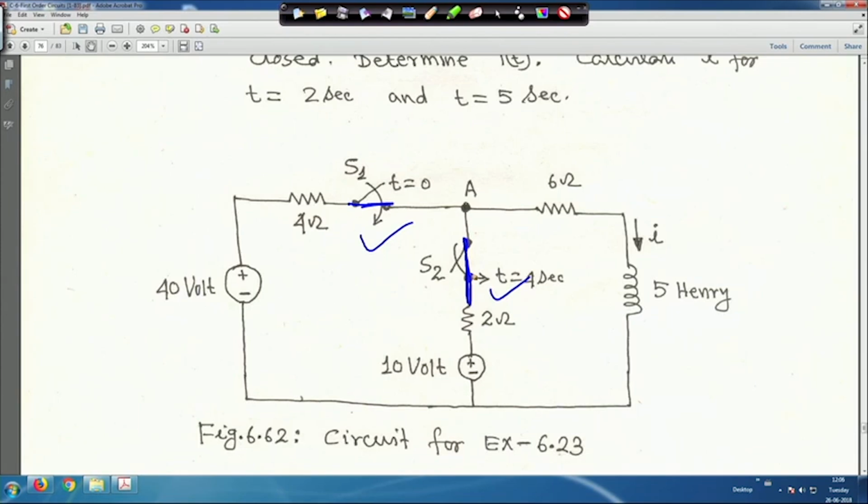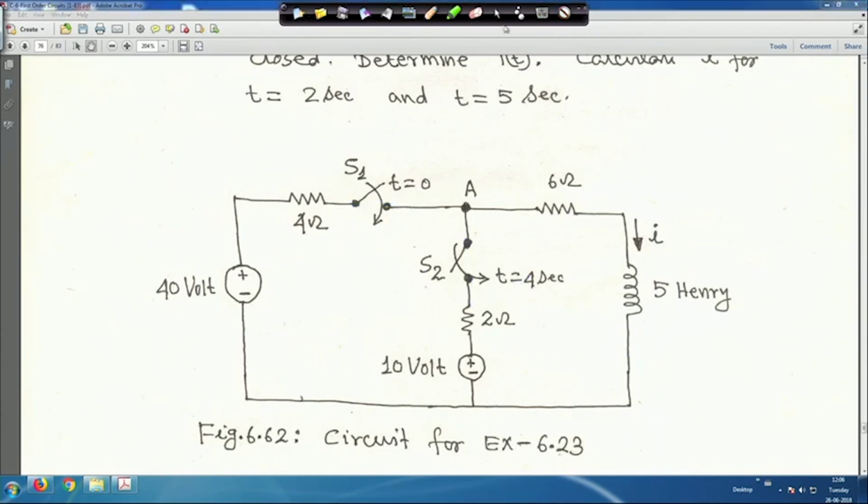In that case again you have to find out I infinity and the initial value at t is equal to t 0 is equal to 4 second. You have to find out what is the initial condition and in steady state what is the final condition, and then you have to find out the expression for t greater than or equal to 4.